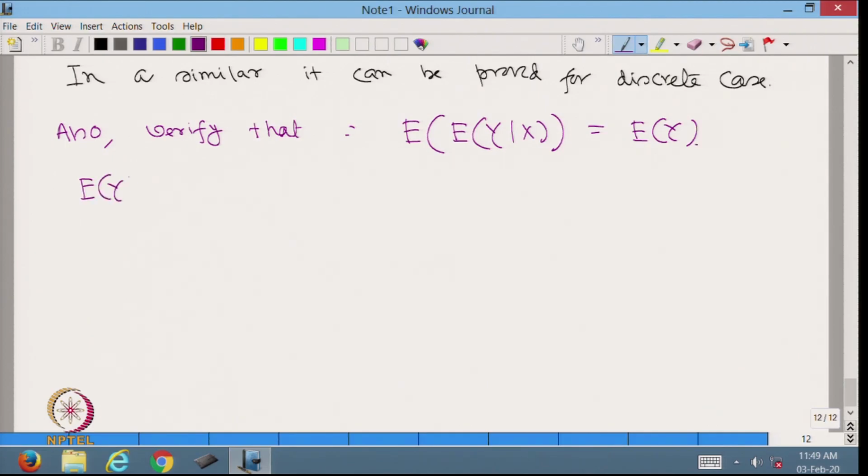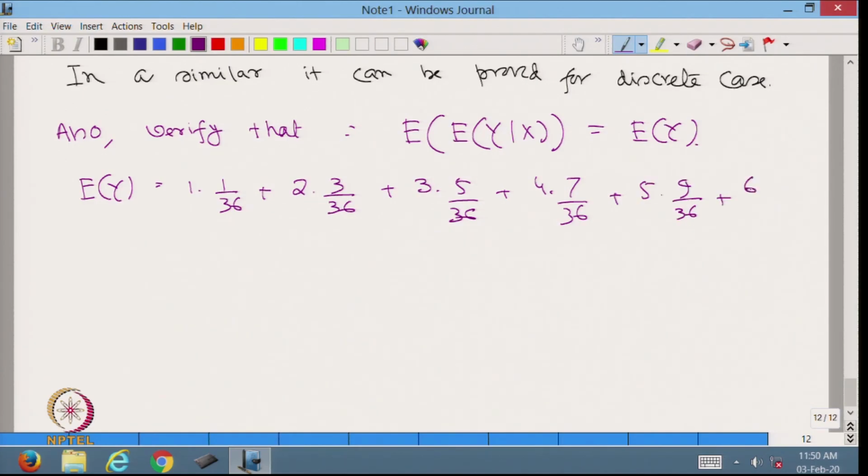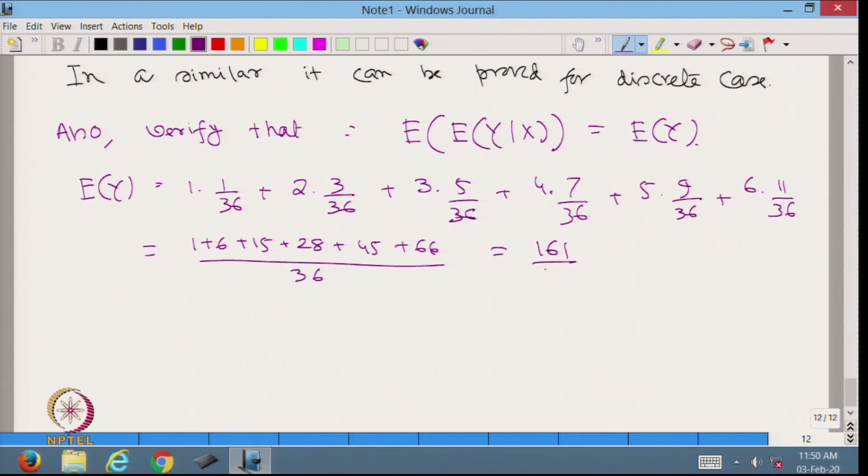Expected value of y is, we know that 1 into 1 upon 36 plus 2 into 3 upon 36 plus 3 into 5 upon 36 plus 4 into 7 upon 36 plus 5 into 9 upon 36 plus 6 into 11 upon 36 is equal to 1 plus 6 plus 15 plus 28 plus 45 plus 66 upon 36 is equal to 161 upon 36.